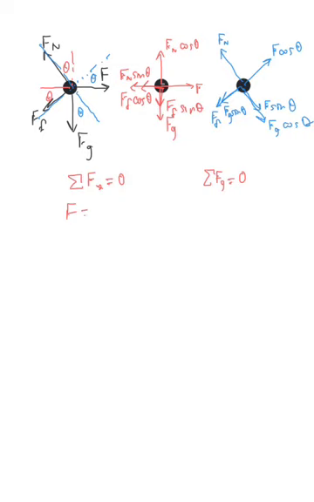F equals Fn sine theta plus Ff cosine of theta. And the next step is to plug in any formulas that you may know. And so we don't have a formula for the applied force or for the normal force, so we'll leave all that part of the equation just as it is.